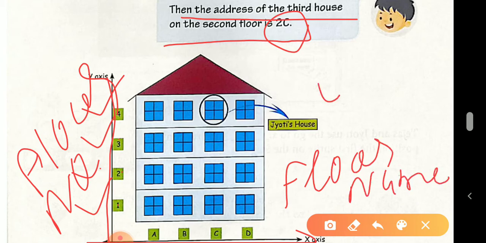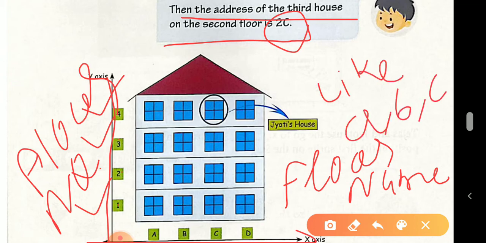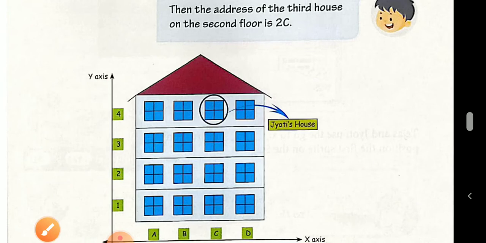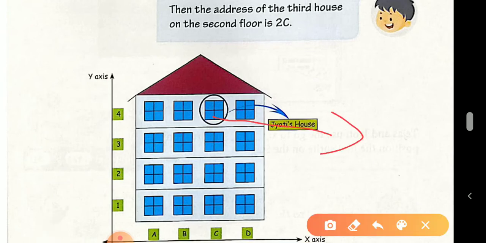Like A, B, C and D. So here you can easily see X stores the house letter and Y stores the floor number, so now you can easily find Jyoti's house. Where is it located? We count floor 1, 2, 3 and 4.